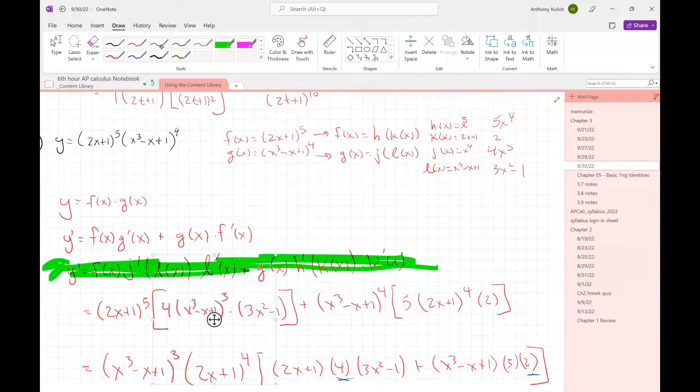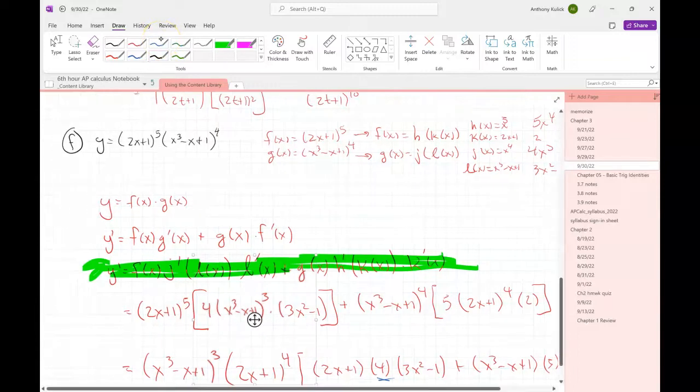If it's just one thing, like just a product or just a quotient or just a chain, I don't think you need to do it symbolically. But I would do anything that has more than one symbolically first, and then fill in the little pieces afterwards. I think you're much less apt to make a mistake doing it that way than trying to do it all at once.